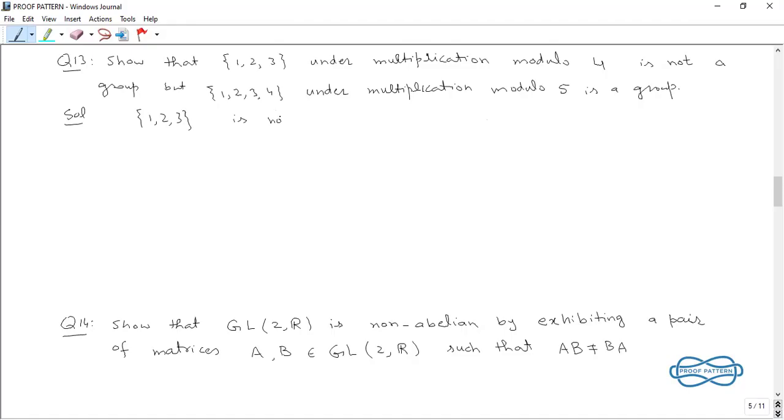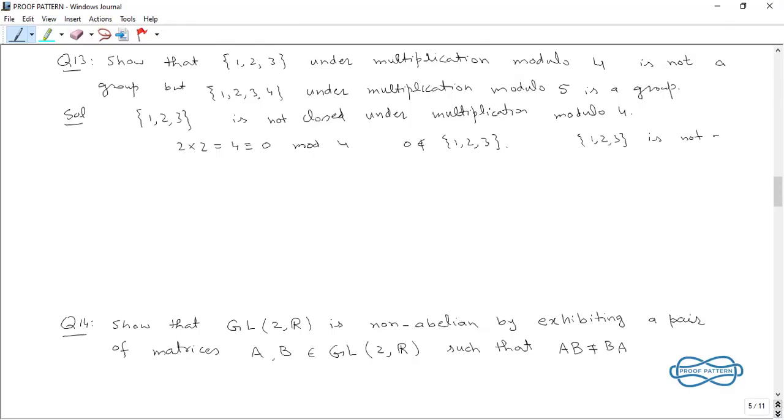This is not closed under multiplication modulo 4 because 2 times 2, which is equal to 4, is congruent to 0 mod 4, and 0 does not belong to this set. So this set is not a group.